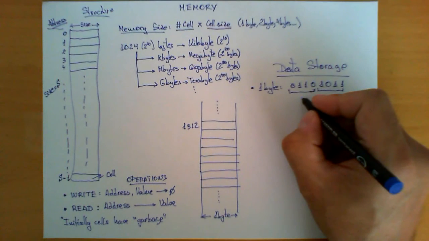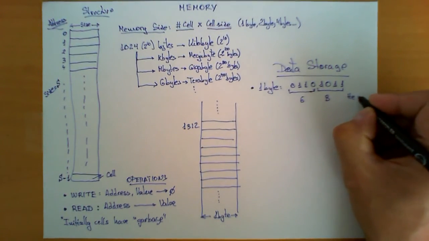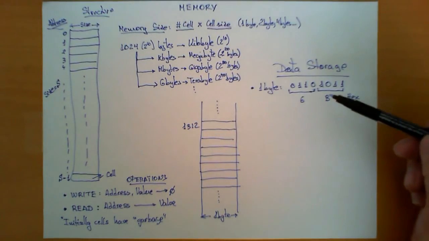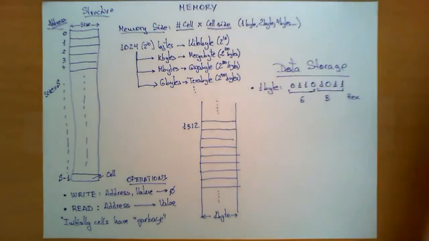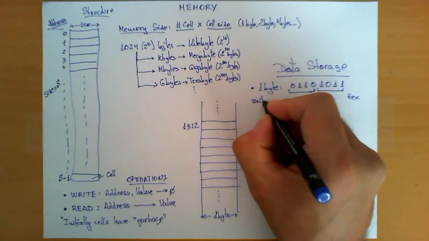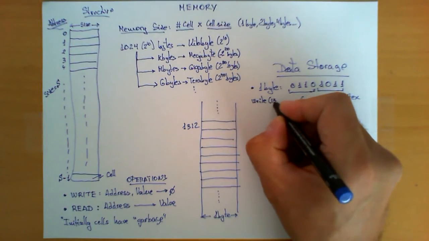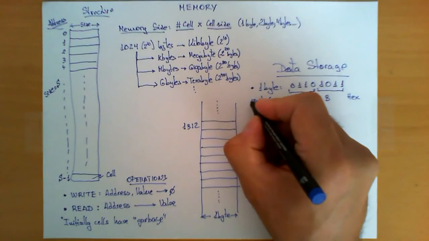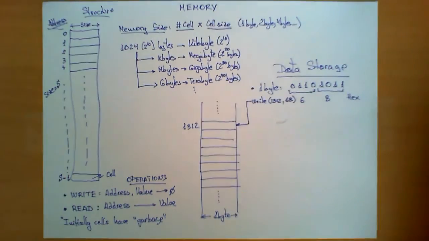This is a 6 and this is a B. This notation is typically used when we refer to how the data is stored in memory. And typically what happens is that if I execute the operation write 1312, 6B, this translates into the following action.